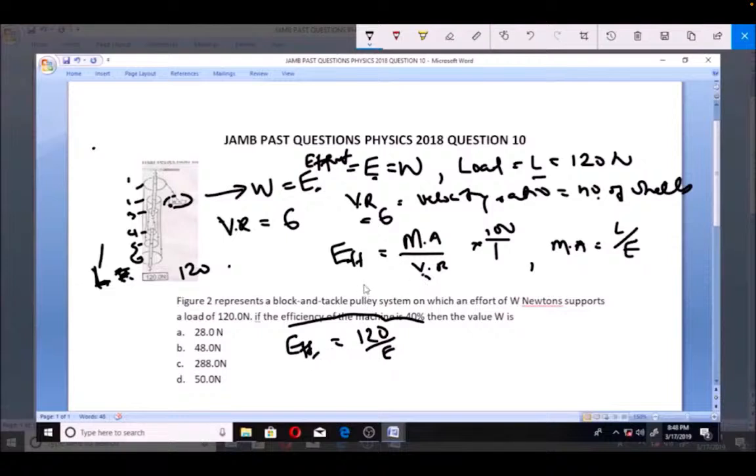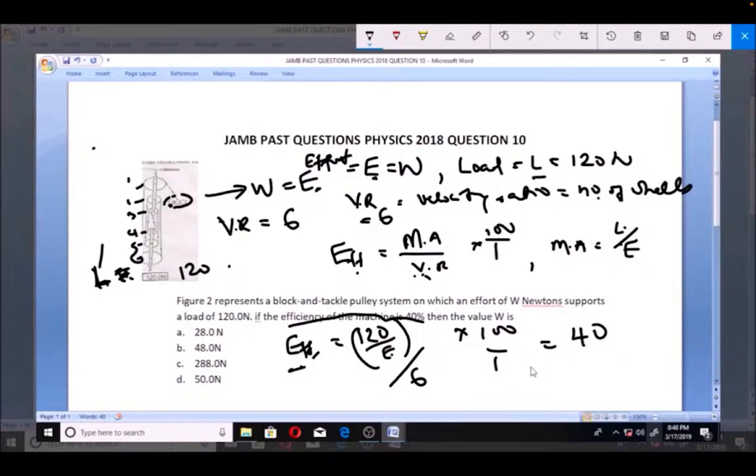So efficiency is MA over VR, and MA is already 120 over E. What remains is VR, which is 6, times 100 over 1. We know that efficiency is already equal to 40%, so we can put 40 equal to this.